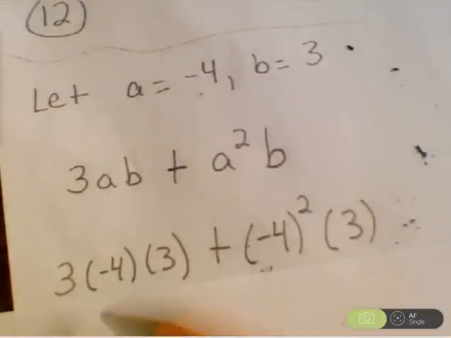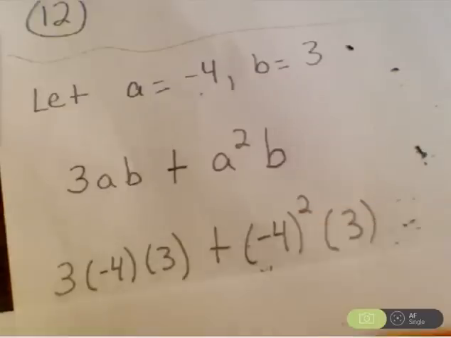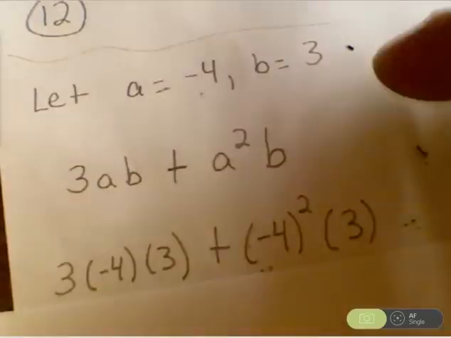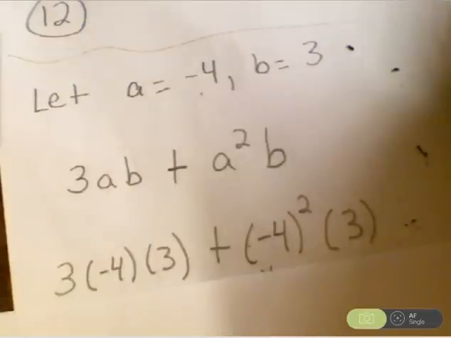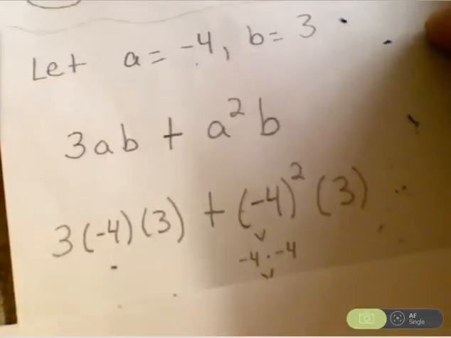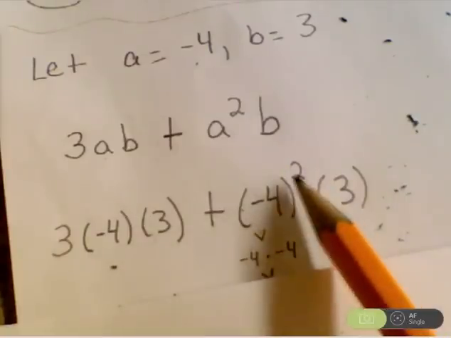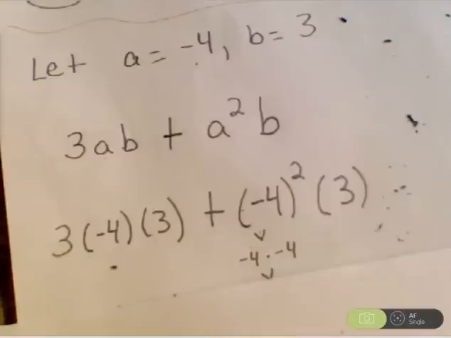Right now it looks like I have a lot of multiplication, some exponents, and an addition sign. Again, I have to follow the order of operations to solve the problem. My very first step is to solve the exponent. This exponent, which means repeated multiplication, is negative 4 squared, which means negative 4 times negative 4.